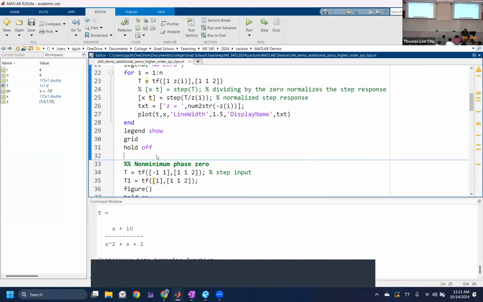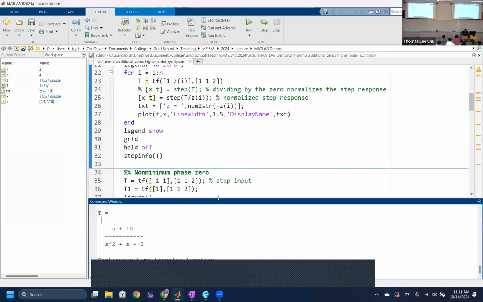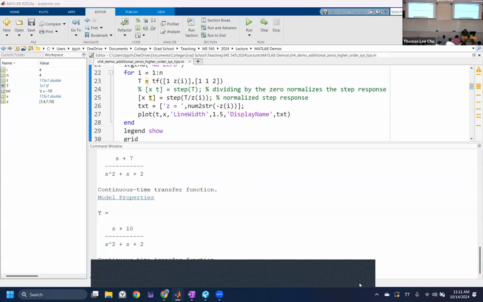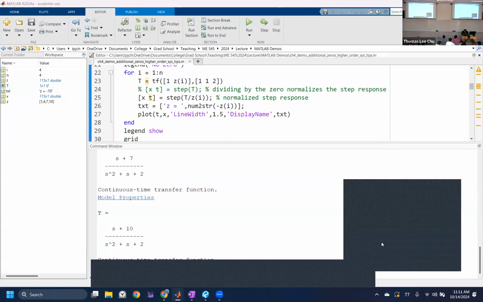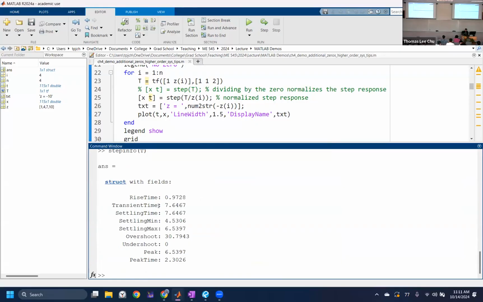One little tidbit about this is you can use stepinfo of your system, and it'll give you the performance metrics. Let me minimize this. There you go. Stepinfo of T, and you can see the rise time, transient time, settling time, settling min and settling max.